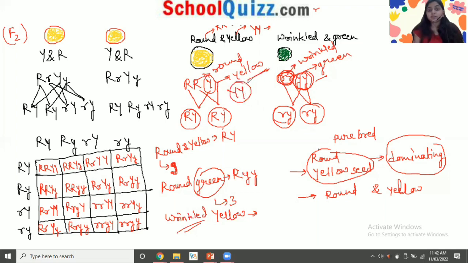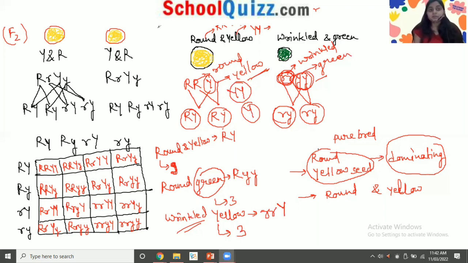It is the dominating character, and even if it is one Y, it will dominate the color. So for the wrinkled, we should have small double r and at least one capital Y. So if we count all these squares, we will find the wrinkled and yellow is 3.